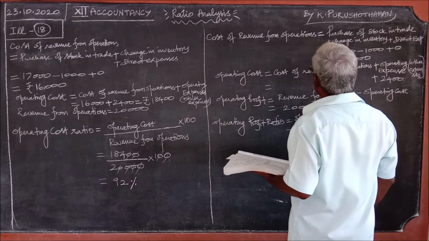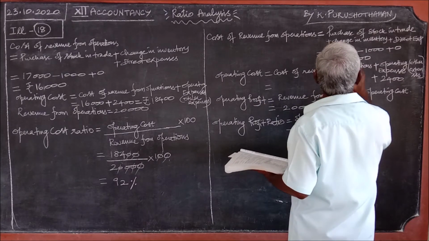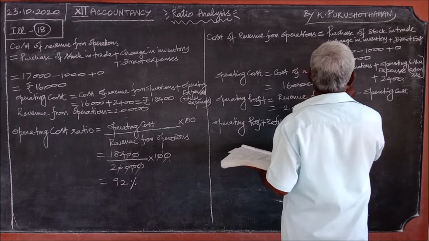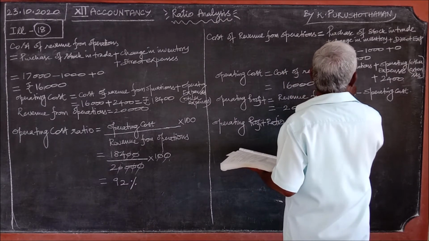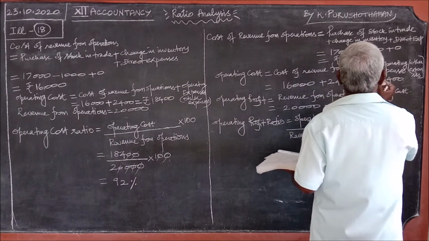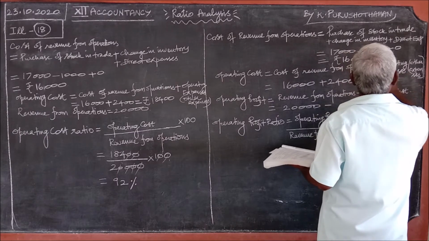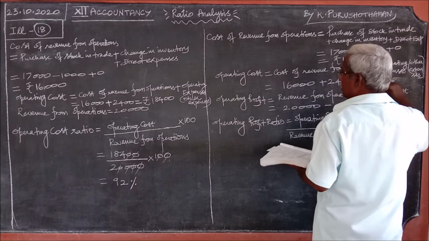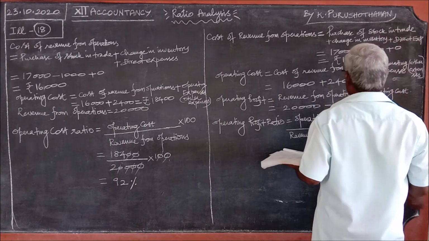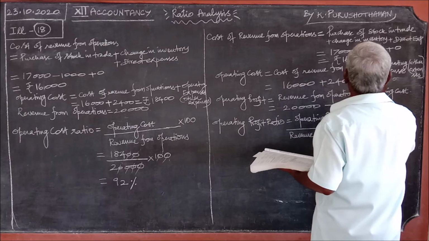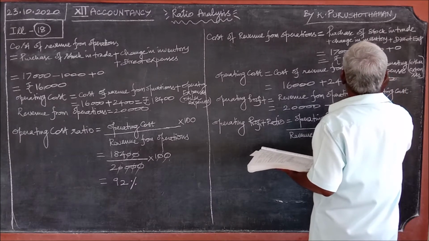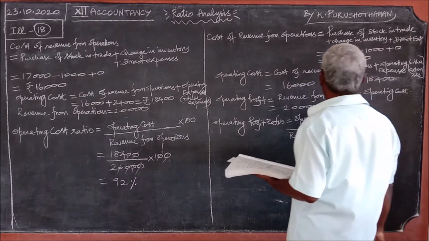So, the cost of revenue from operations 16,000 we have found out, plus 2,500 operating expenses, which is equal to 18,400. This is the operating cost.